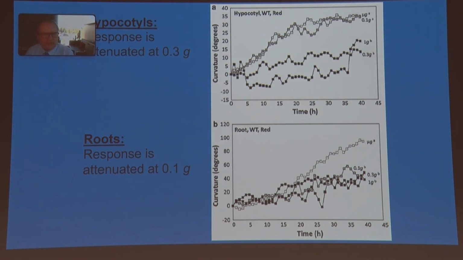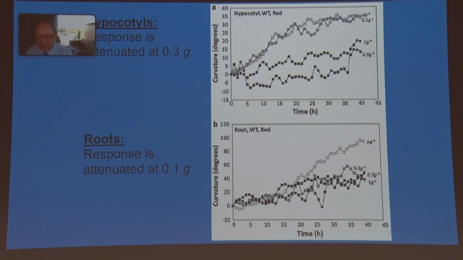So let me explain. I just have a couple of graphs, and I'll try to explain this. This is the phototropic curvature in response to red light. The top panel is stems, and the bottom panel are roots. Let me start with the root data, the bottom panel.